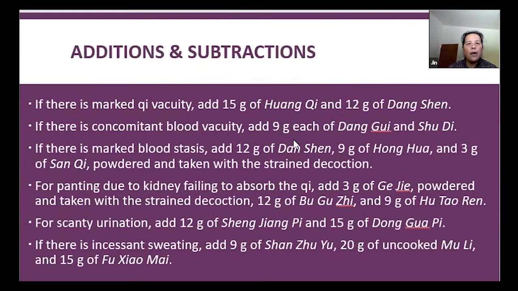And modify from there. Qi deficiency, we talked about already; blood deficiency, we talked about already; and moving blood, basically the modifications are pretty similar.